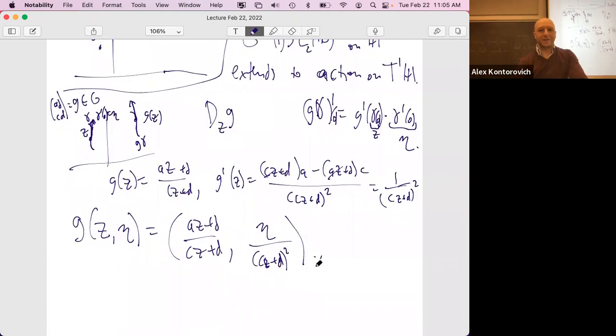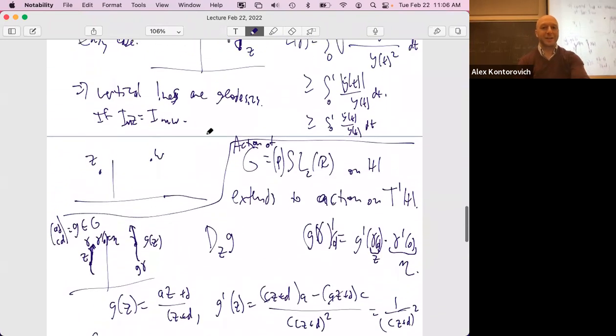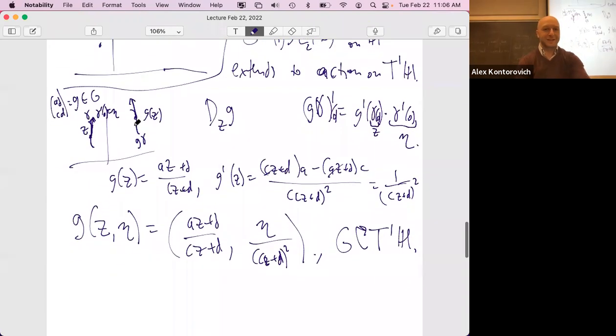This is how G acts, interpreting these fractional linear transformations. From this computation, it's just taking the original unit tangent vector, and the new tangent vector will be the original tangent vector divided by CZ plus D squared as a complex number. That's how G acts on tangent vectors.